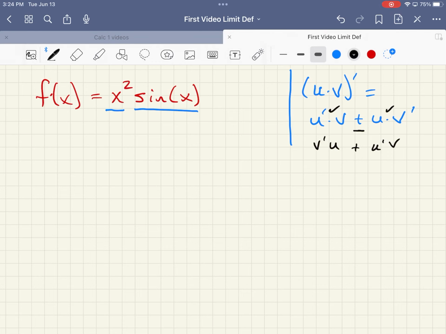All right, so in our case, our first function here is x squared, and our second function is sine of x. If you look at this formula, we want to take the derivative of the first function. So let's let u equal x squared, and we're going to let v equal sine of x.